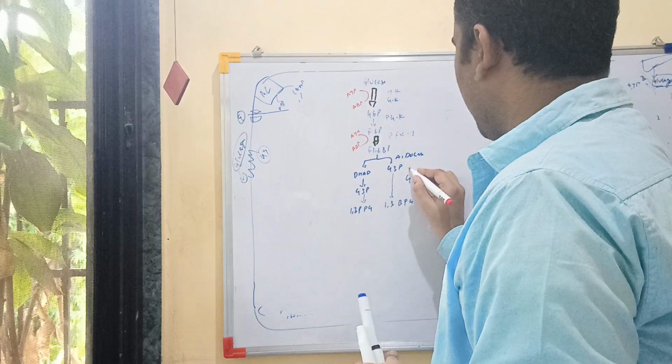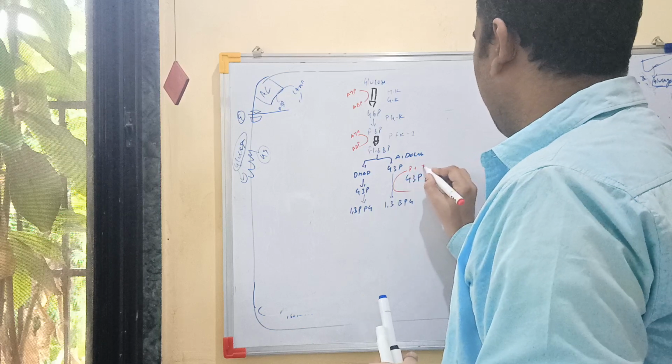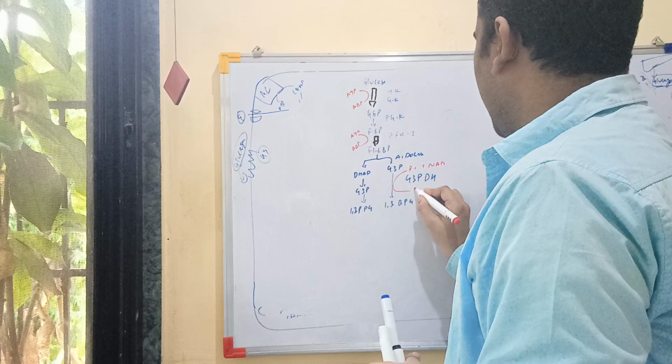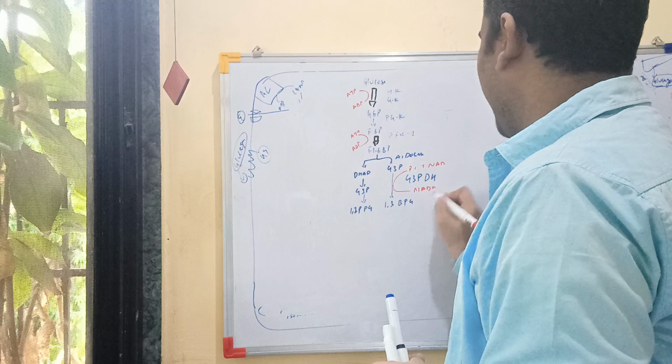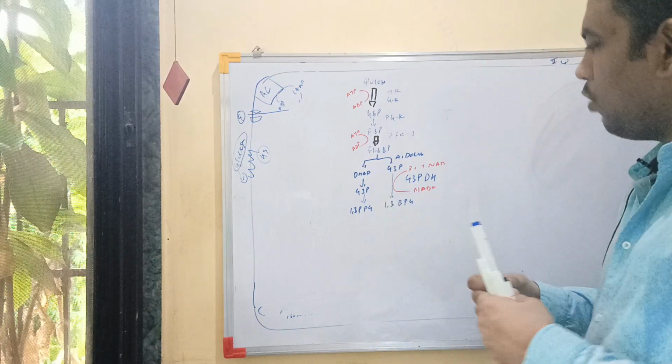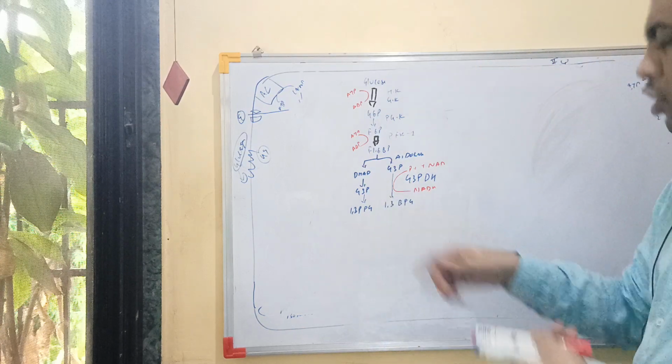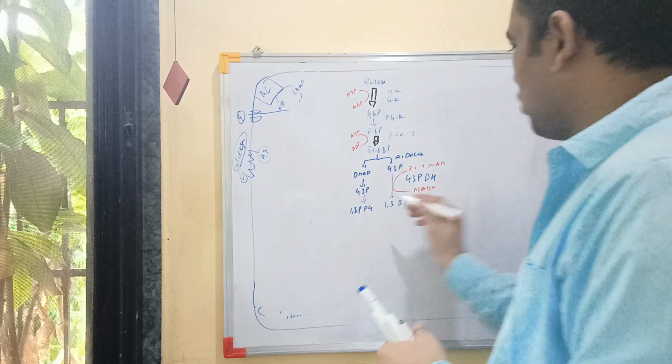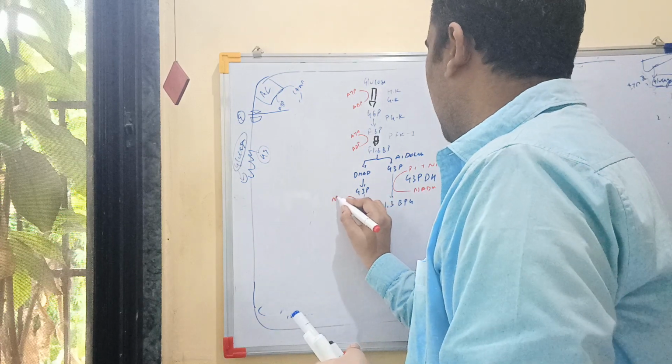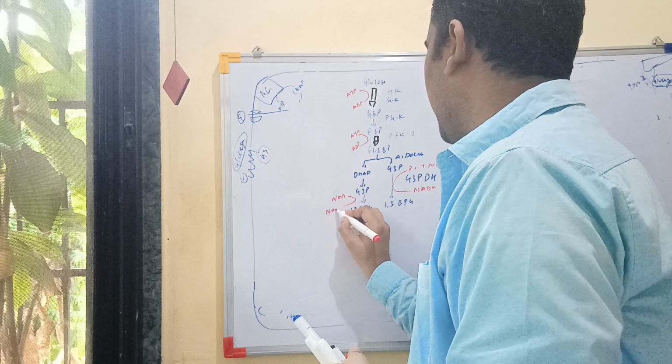Here we have added one inorganic phosphate plus NAD, and we got NADH, and this molecule has one more phosphate group. So we have two molecules of 1,3-bisphosphoglycerate, and of course here also there will be NAD to NADH.